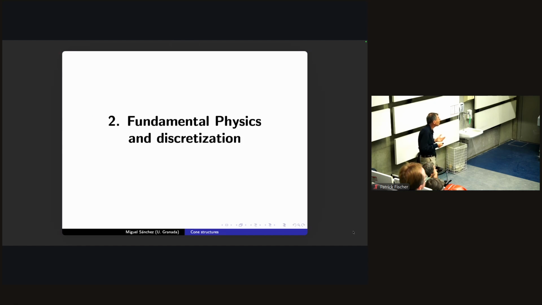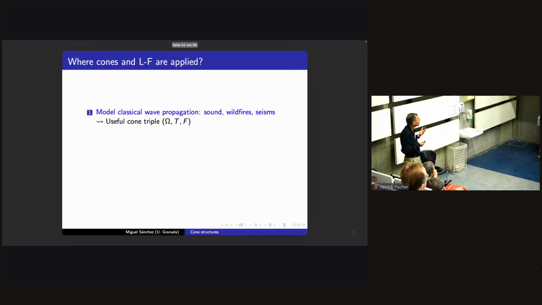Well, where can these Lorentz-Finsler metrics be used? As I have suggested, they can be used for classical wave propagation, for sound, amplifier shapes, and so on, and the cone triple is very useful in this case. This is a first application. It also has applications for Finsler metrics, and also for Lorentz metrics.